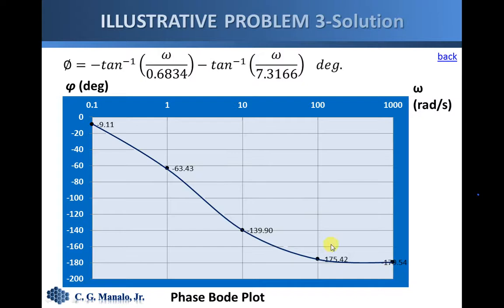On the other hand, for the phase angle, for smaller values of omega, the angle starts very small. It would also be approximately zero for omega equal to zero. At 0.1 radians per second, you have negative 9.11 degrees.